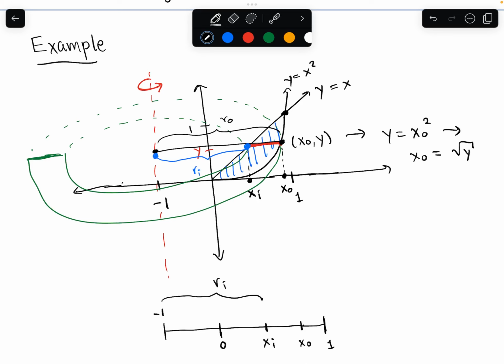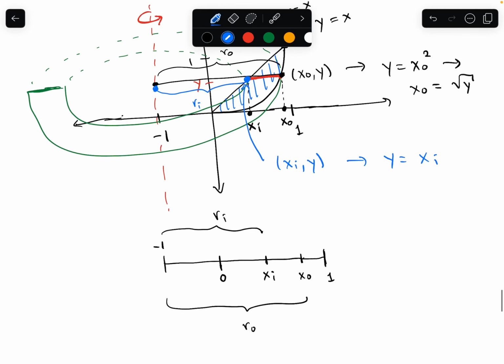Okay, positive square root because everything over here is positive. Now, similarly, the point in blue, xi, y, lies on the curve y equals x. So y equals xi. Okay? Good. So that tells me what the 2 points xi and xo are.